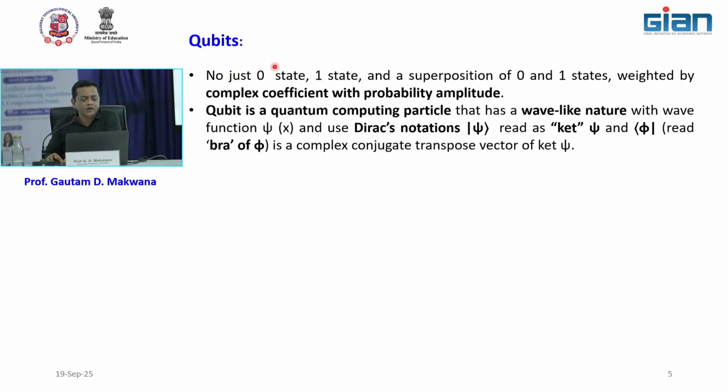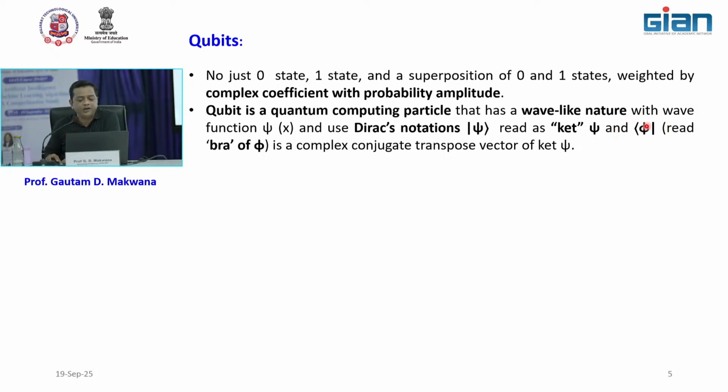Now, what notation can be used? The qubit is a quantum computing particle at the atomic level, with a wave-like nature and a wave function psi of x, and we use Dirac notation like this. This is the notation for the qubit, and it is read as a ket psi.